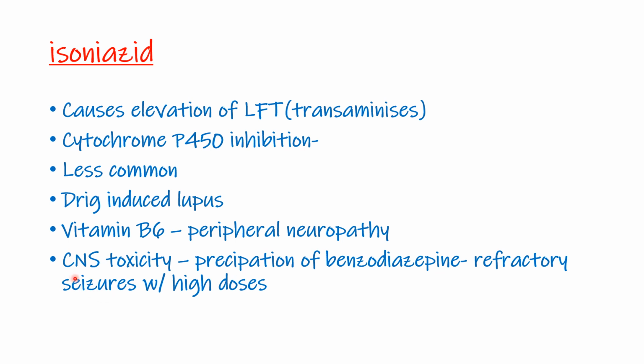In addition, high doses of isoniazid cause CNS toxicity, which lowers the threshold for seizures, and these seizures are refractory to benzodiazepine treatment. This is because isoniazid causes vitamin B6 deficiency, and B6 is essential in the synthesis of GABA.